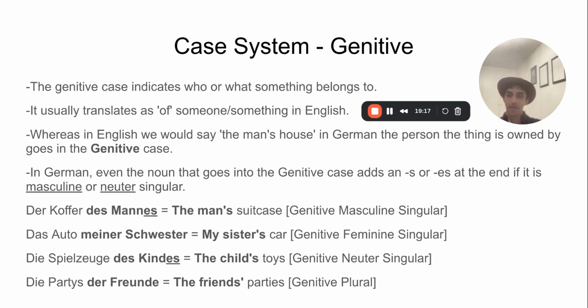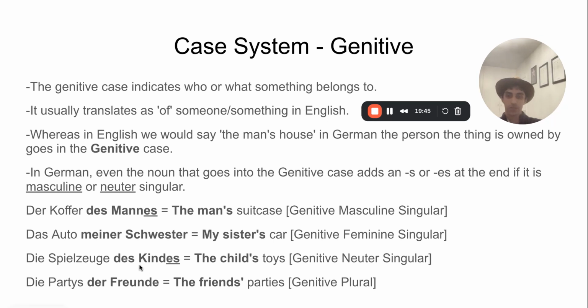You can see there that in the masculine singular genitive example, the standard noun in German is Mann, M-A-N-N, and they've added es at the end to fit this rule. Because even the noun in the genitive case, if it's masculine or neuter singular, must add an s or es at the end to show that it's in the genitive singular.